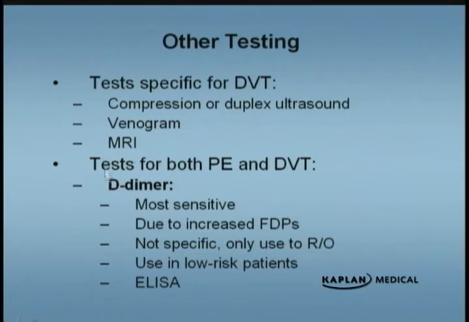Now the D-dimer is not a specific test, but if you have clot formation, and clot breakdown from either thromboembolic disease in the veins or in the lung, you should have an increase in fibrin degradation products and D-dimers and stuff like that. These are all products from the clot, the breakdown and regeneration of a clot, and that's what we measure.